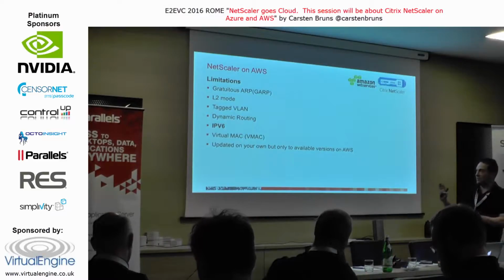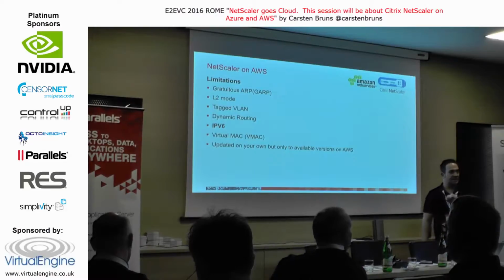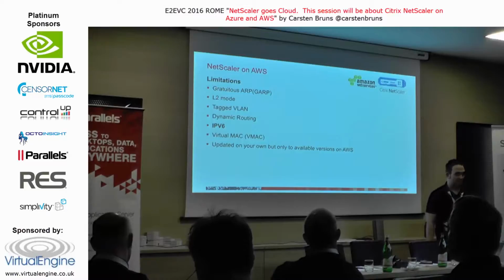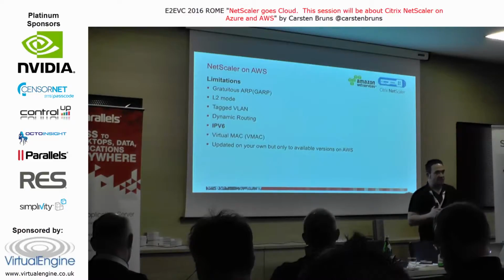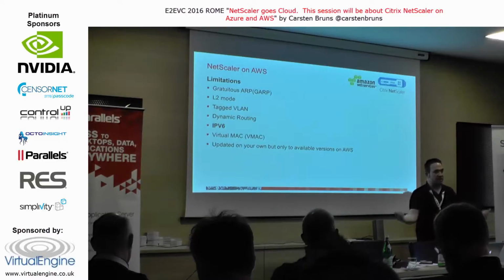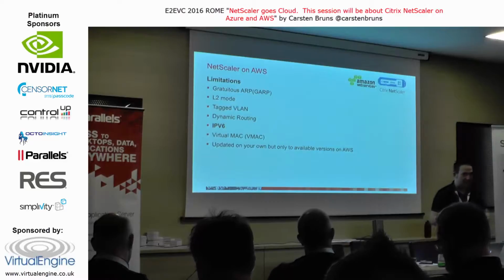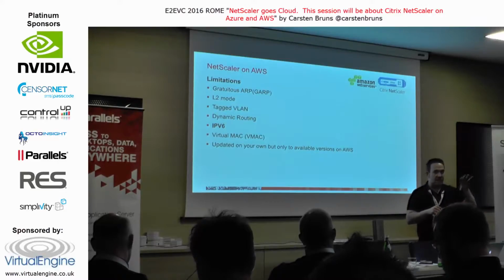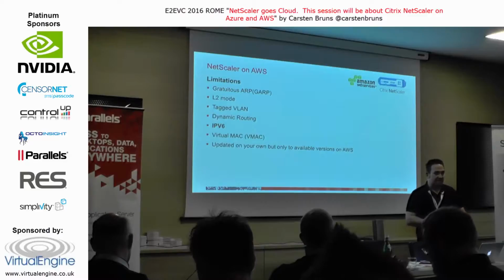So just a little bit about the limitations. In AWS you can use global server load balancing. This is very important to know because depending on global server load balancing, you can build up your high availability or scalability of NetScalers running in AWS. In Azure, you have to use your Azure load balancer to build up your high availability and your scalability.